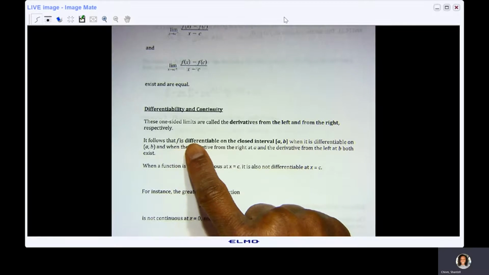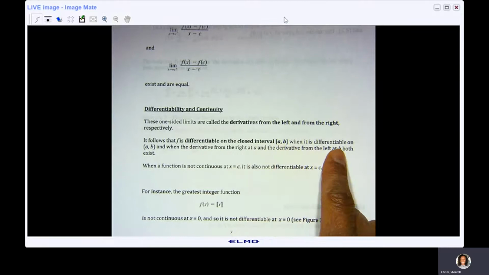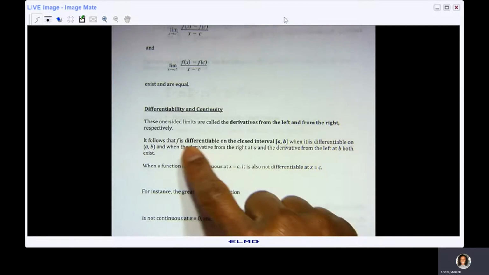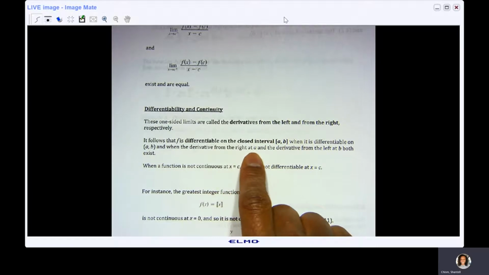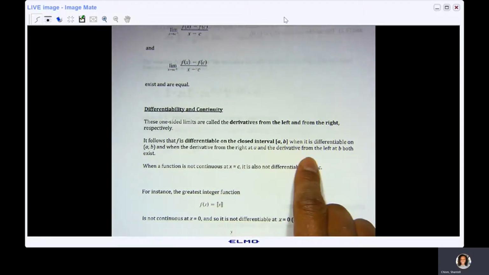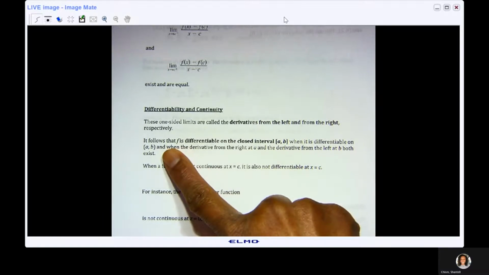It follows that f is differentiable on the closed interval [a, b] if it is differentiable on the open interval (a, b), and the derivative from the right at a and the derivative from the left at b both exist.